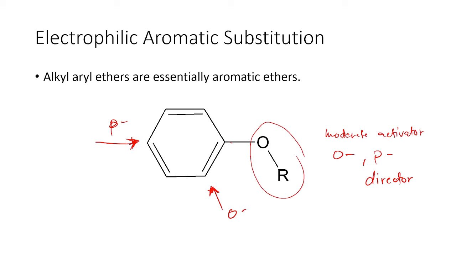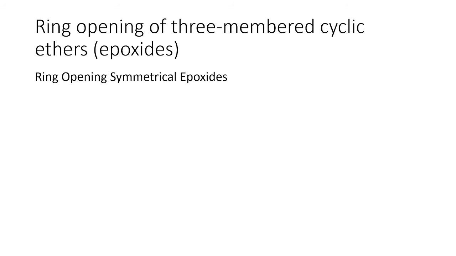And the last set of reactions that occurs in ethers actually happens to our three-membered cyclic ethers we call epoxides. One of the simplest epoxides is our oxirane. Okay? So, cyclic ethers with three ring atoms, like our example, the oxiranes, are called epoxides.